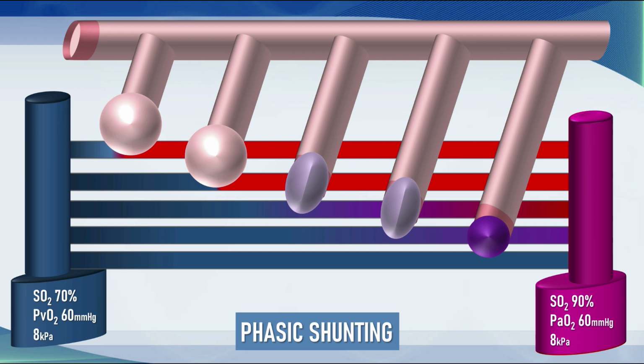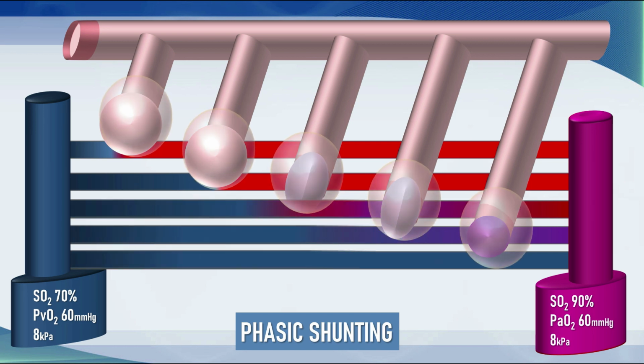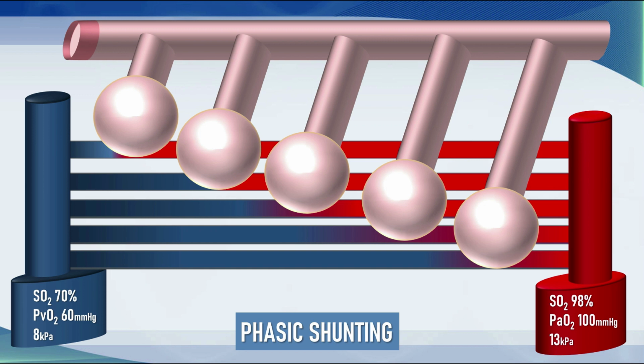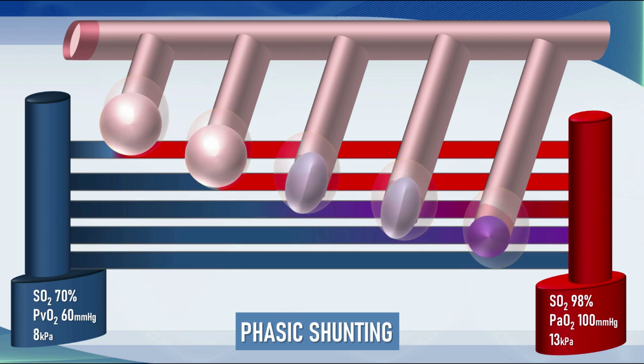We have an atelectatic lung unit. We have some partially inflated lung units that are closed, and then we have some normal lung units. During inspiration, gas exchange is relatively normal because all of these lung units recruit, and during expiration, the gas exchange is poor. I call this phasic shunting.